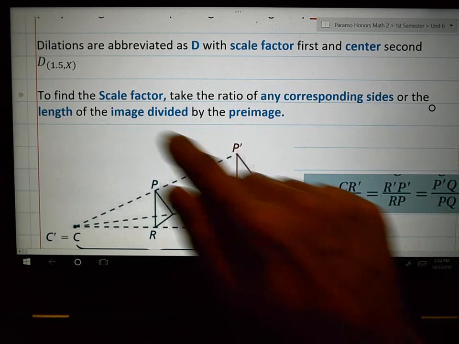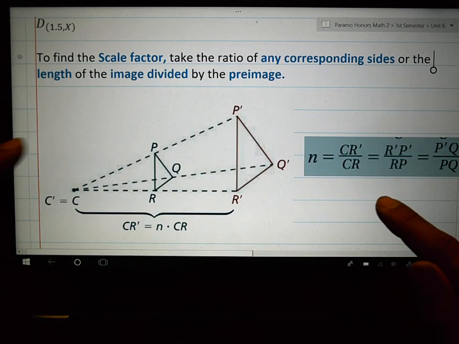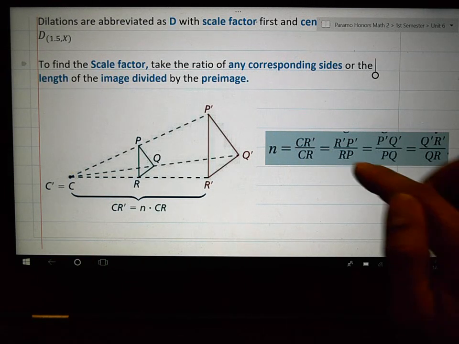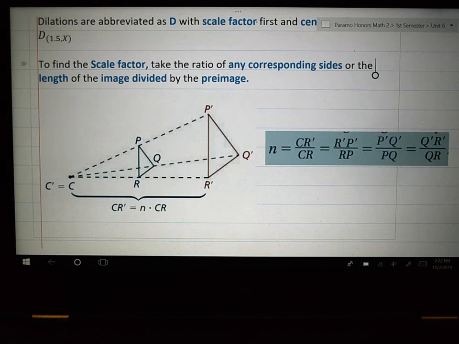Now, the nice thing about dilations is that all the proportions, all these ratios are equal to each other. And it's the neatest thing, in my opinion, mathematically about a dilation. When I look at a dilation, look at how many different fractions are equal to each other.